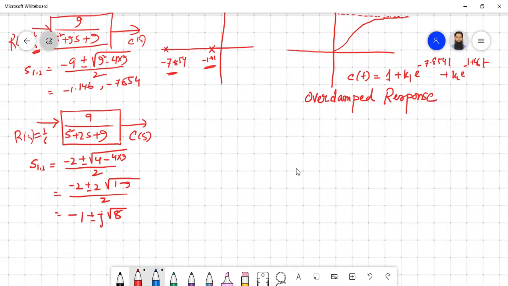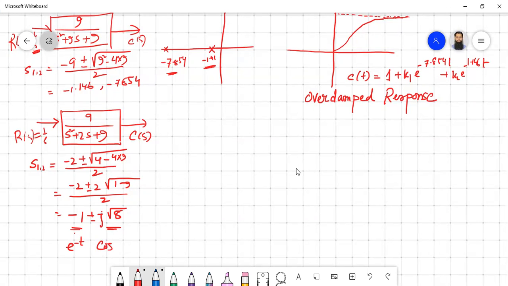Okay, so what we can see here is in this particular case, the pole is having a real component as well as an imaginary component. So the real component will give an exponential part, and this one will give you a cos and sine.